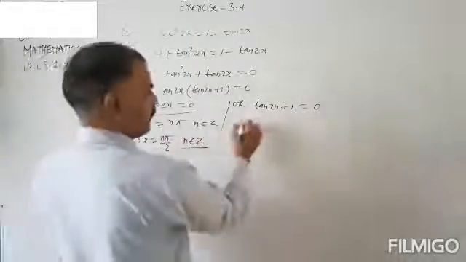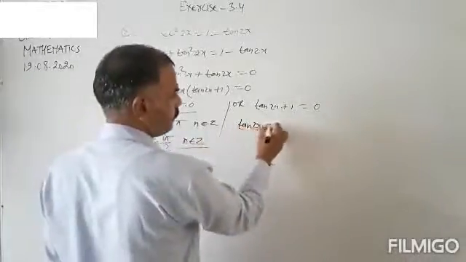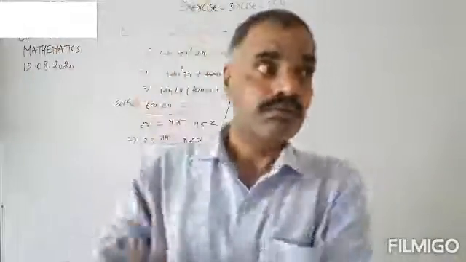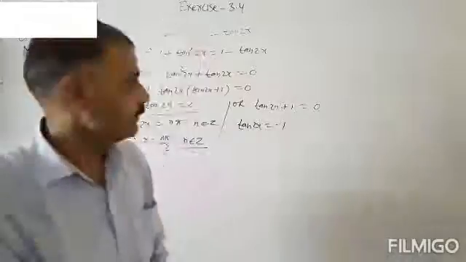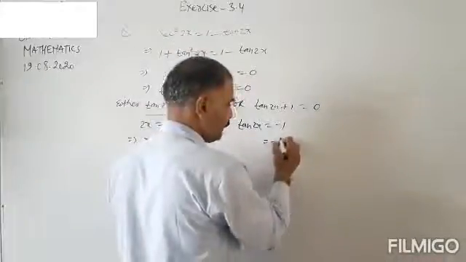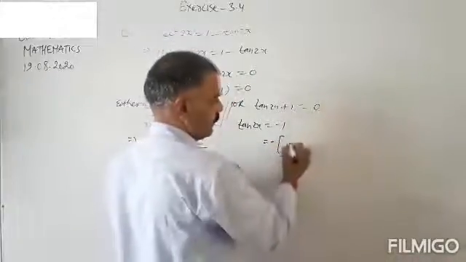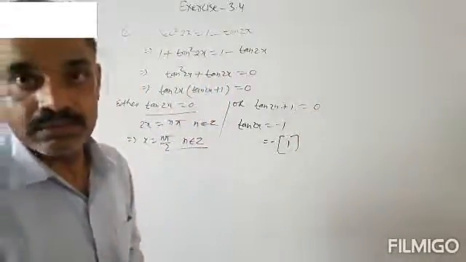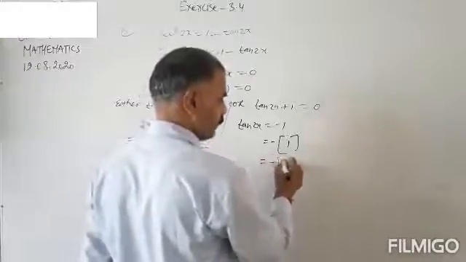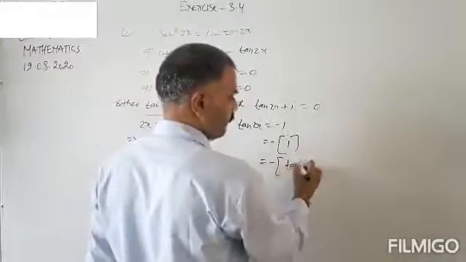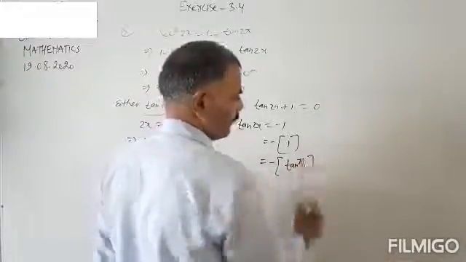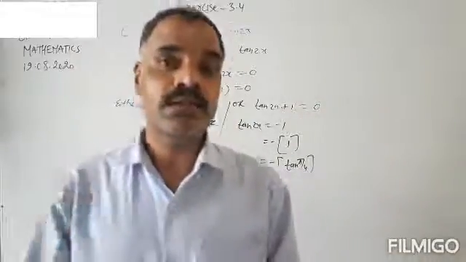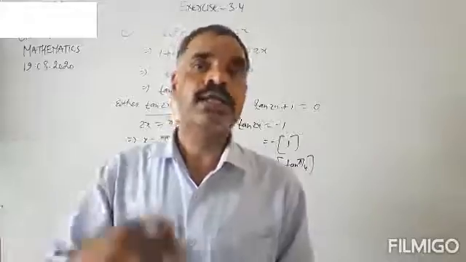Now tan 2x equals minus 1. Forget the sign minus for now, it is equal to 1. And 1 is equal to tan pi by 4, that is tan 45 degrees. 45 in degree measurement is equal to pi by 4 in radian measurement.